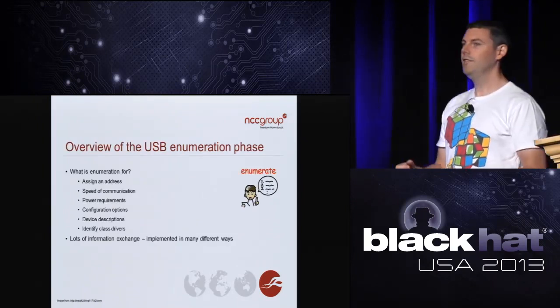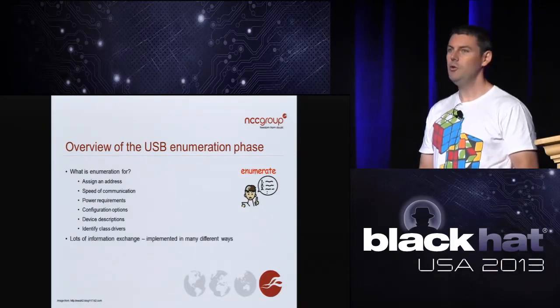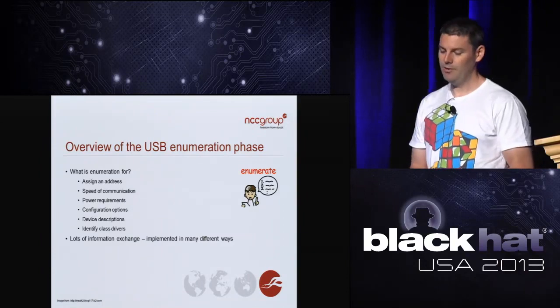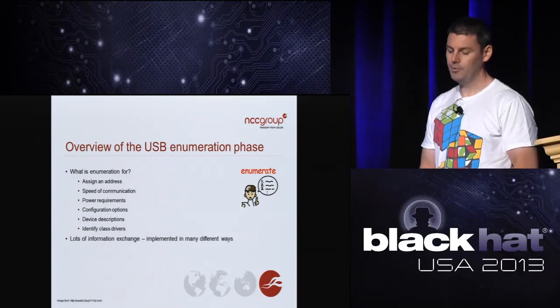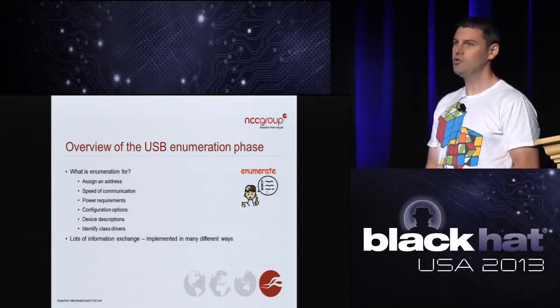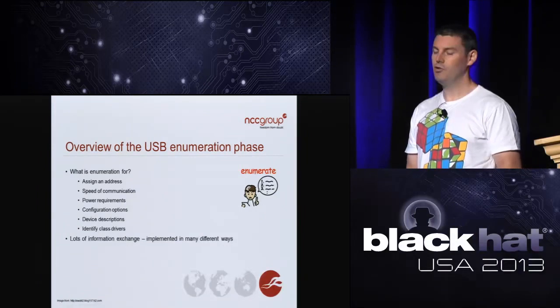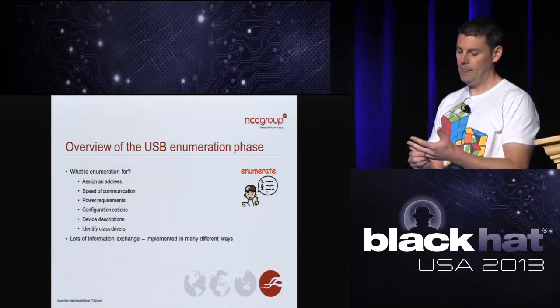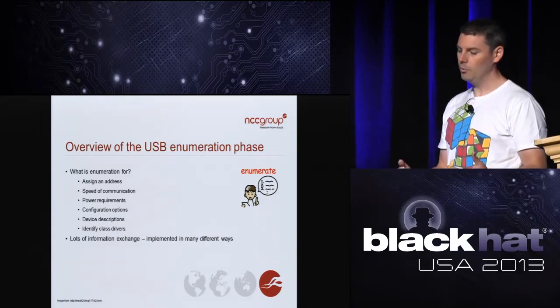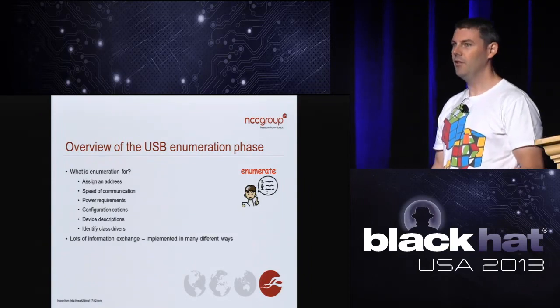So the majority of the information that I'm gathering via USB is during the enumeration phase. Enumeration is the process that occurs when you insert a USB device into a host. Initially the host knows absolutely nothing about the device. So during enumeration, the host queries the device to gain as much information as possible about things like how fast that device communicates.